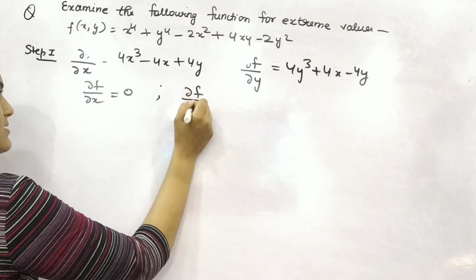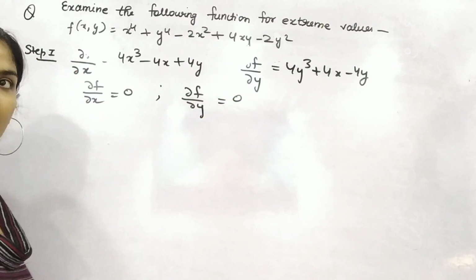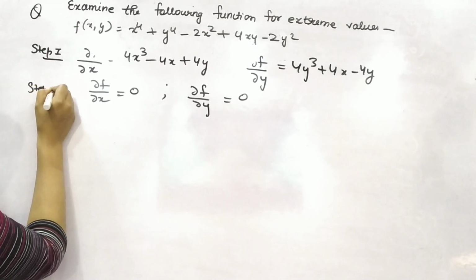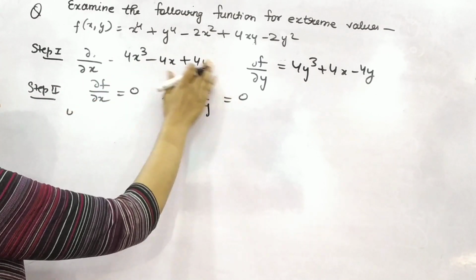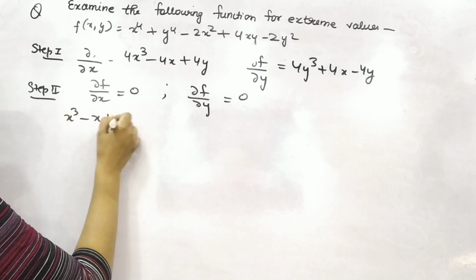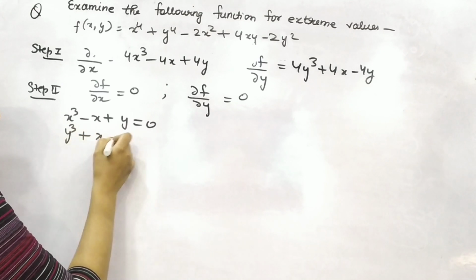Your next step is finding the values of x and y by putting your partial differentiations as 0. So this is your step number 2. Let's begin. If you put it as 0, you can take 4 common. So what is left? x cube minus x plus y, and for this, y cube plus x minus y, right?